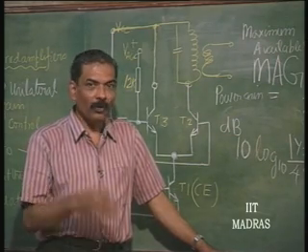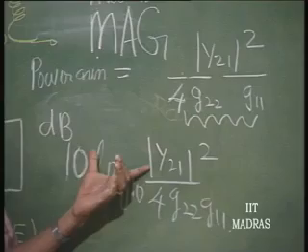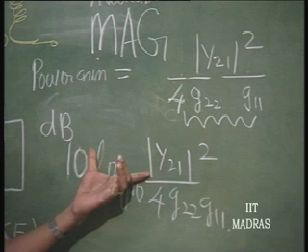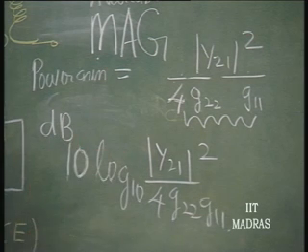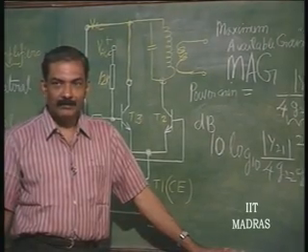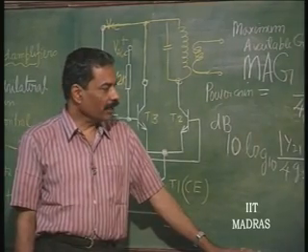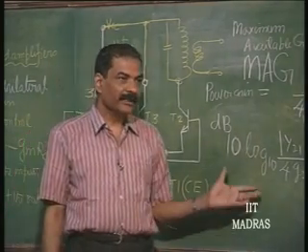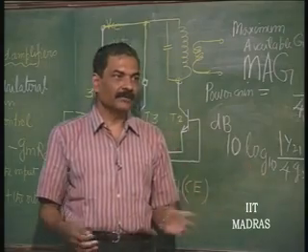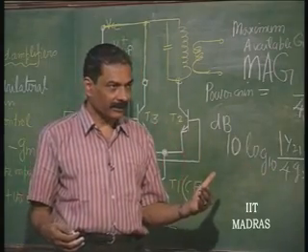You have to use more than one stage, because single stage active device which you are using, this Cascode device, is giving you only 20 decibels. So, this is very useful for deciding as to how many number of stages you must use in your system in order to obtain the desired sensitivity for the receiver, whether it is radio receiver or television receiver, right.